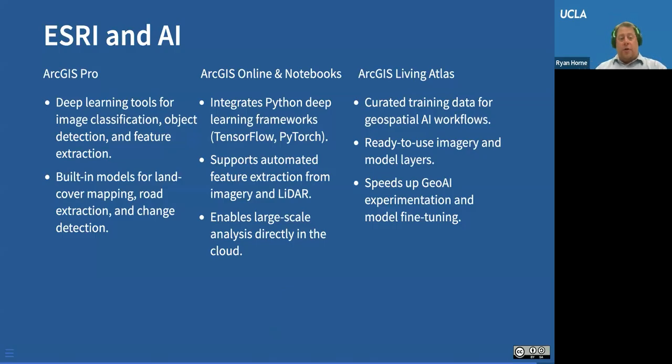So if you're using, again, the standalone desktop option, you can install it and run it. You can also use all of it on ArcGIS Online. So what I just showed you in terms of the notebook, if you know about machine learning or deep learning, you can use things like TensorFlow or PyTorch or different kinds of those utilities that actually do all of that within that environment. And it really allows you to do a lot of interesting work.